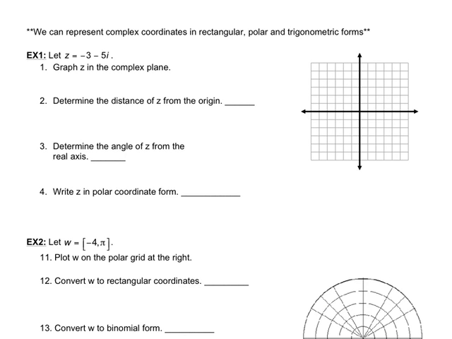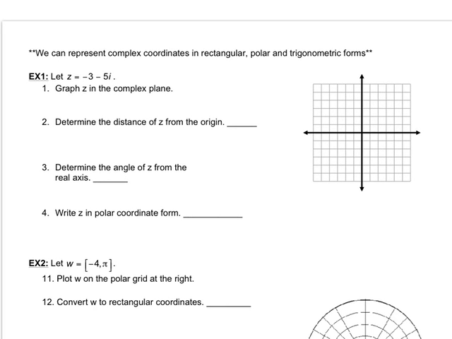Alright, so we can represent complex numbers in rectangular, polar, and trigonometric forms. One of these you're not familiar with, but we just looked at complex numbers in binomial form, a plus bi, and I already showed you how to get that to rectangular, which is very simple, just a, comma, b.